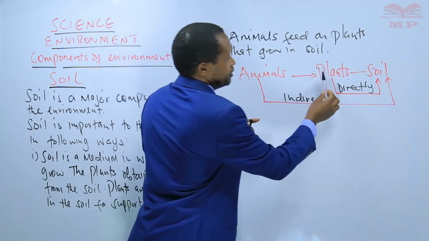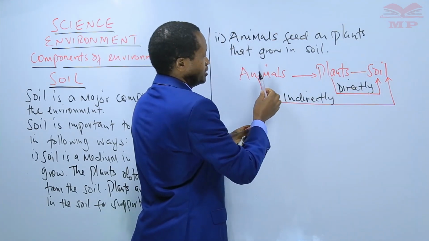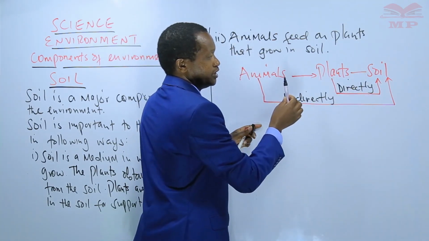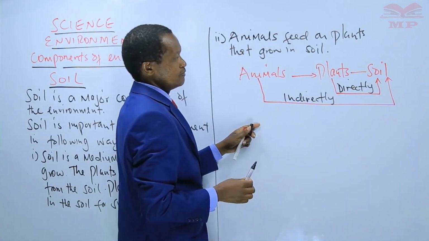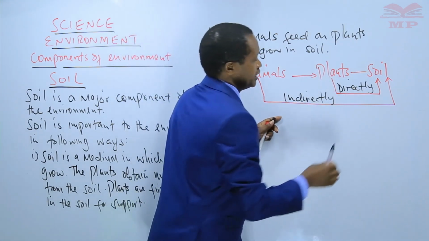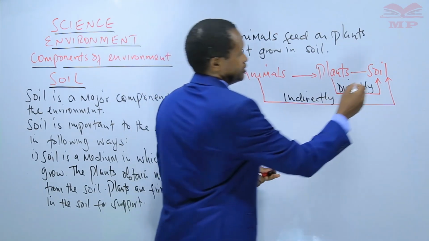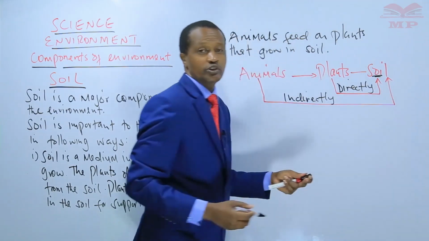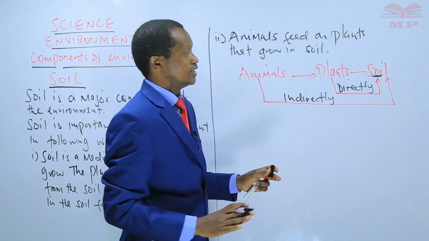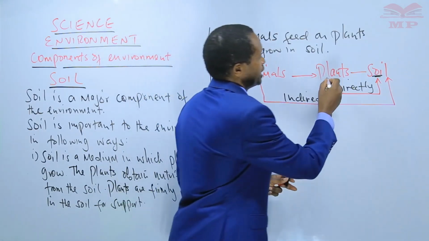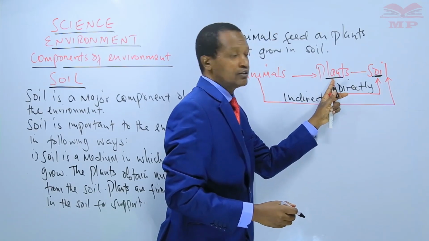So plants get nutrients from the soil, but animals rely on plants for survival. So learners, if you do away with soil, imagine there is no soil in the world, that would mean that there will be no plants, because soil supports plants.